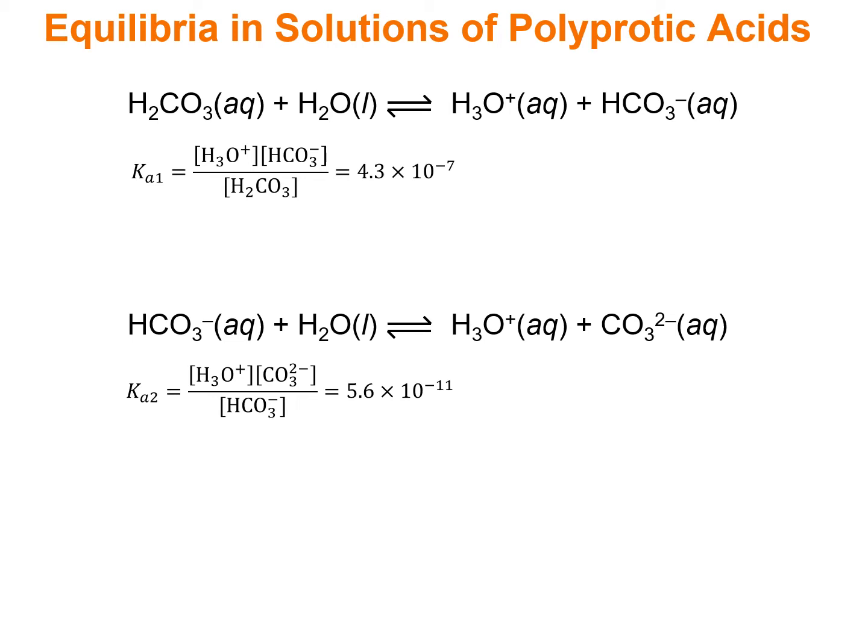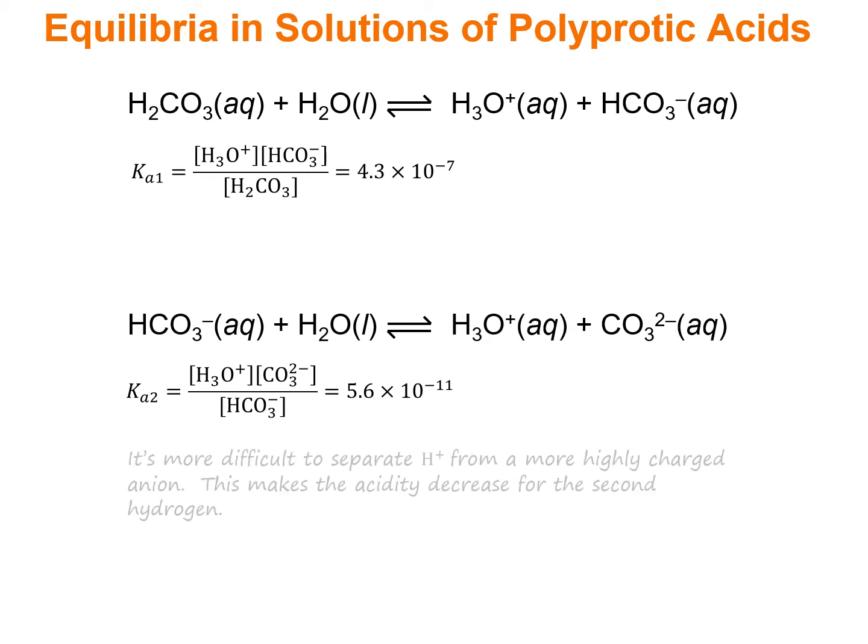What you'll notice is that this favors the reactants a lot more than the first one. Carbonic acid is a weak acid in the first place, with 10 to the minus 7 for the first, but this is 10 to the minus 11, favoring reactants even more. So it's an even weaker acid in this case.